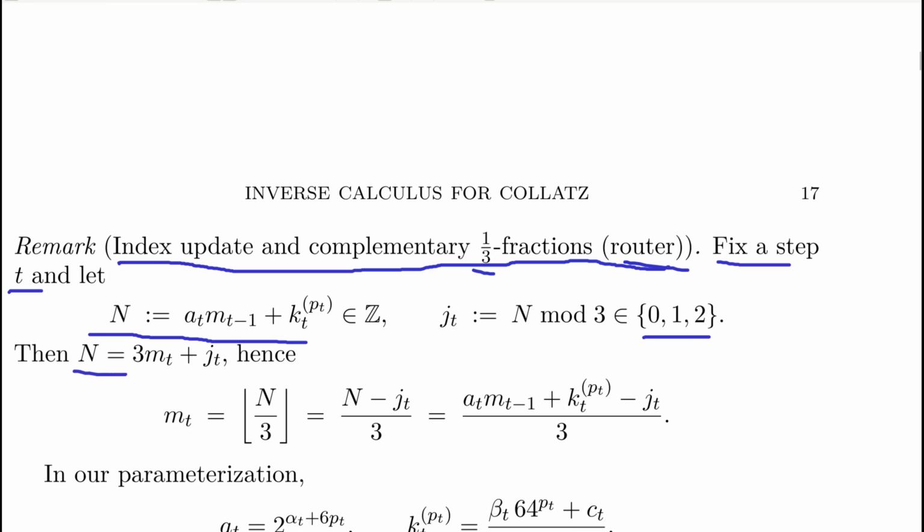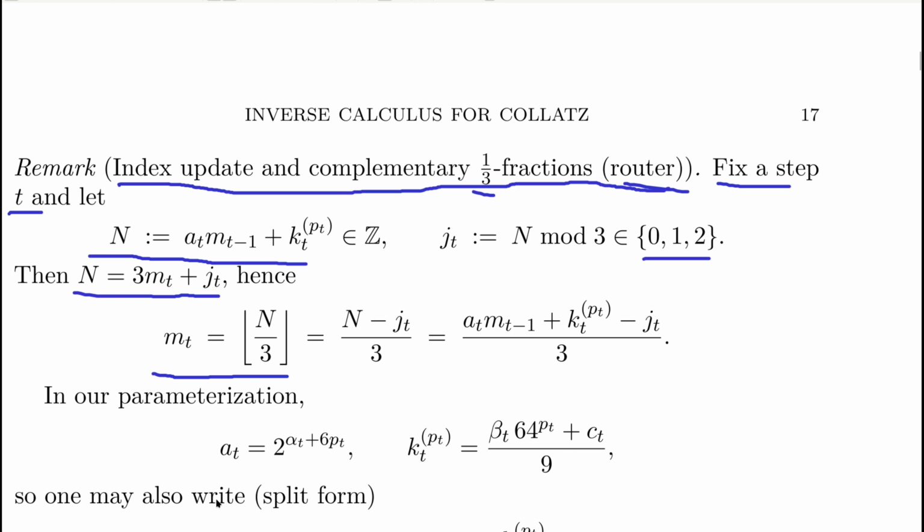Then n is equal to 3 mt plus jt. Hence, mt equals the floor of n over 3, which is equal to n minus jt over 3, which is equal to at mt minus 1 plus kt pt minus jt over 3.